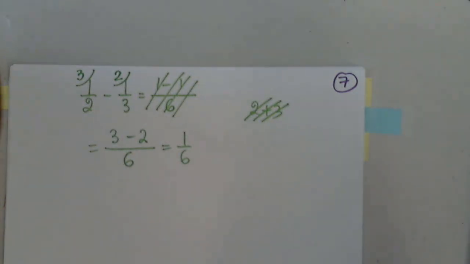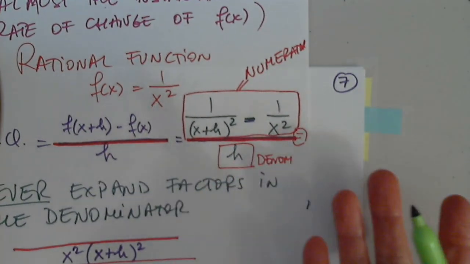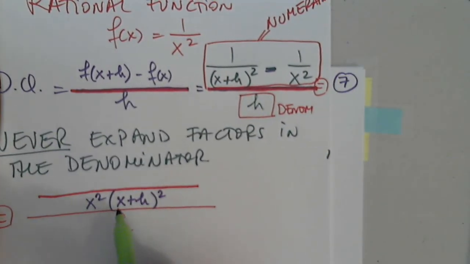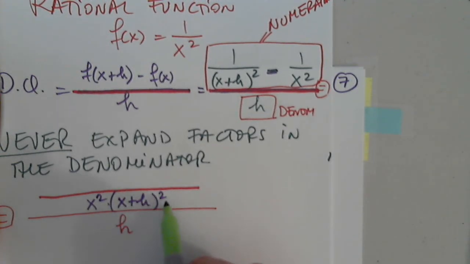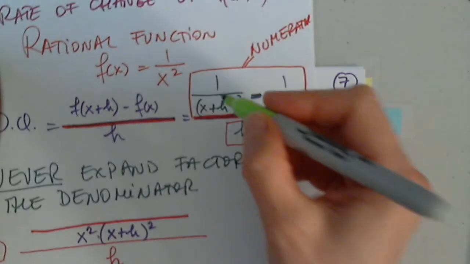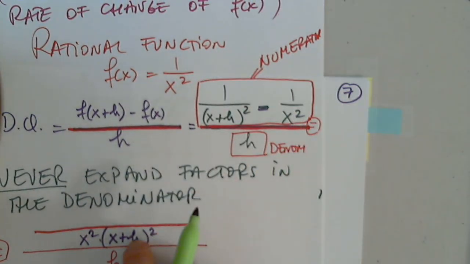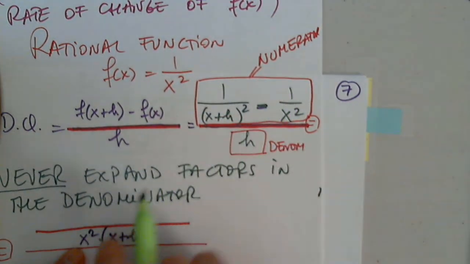In the same way, I continue here. It's the same principle. Of course, this looks more difficult because it has x and h in it, but it's the same principle. The denominator is x squared times x plus h squared. The initial denominator was x plus h squared. It was multiplied by x squared.